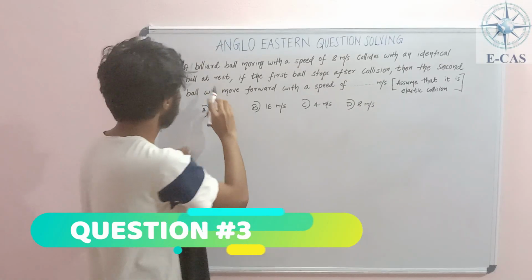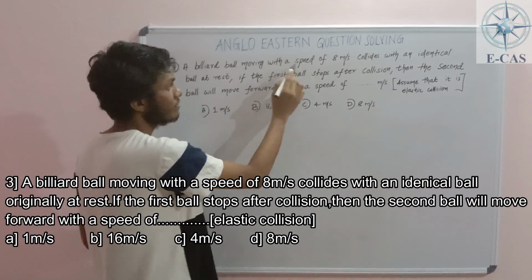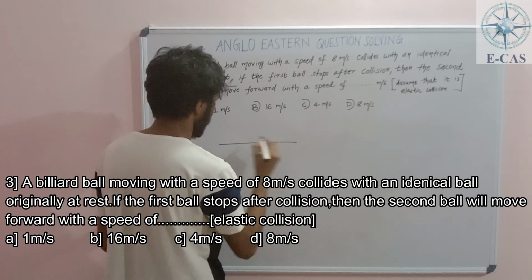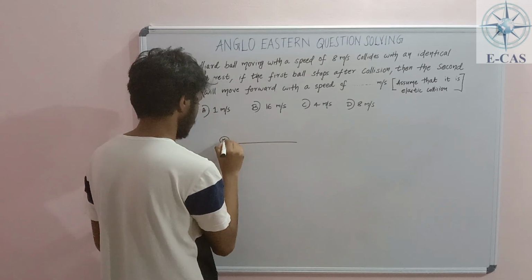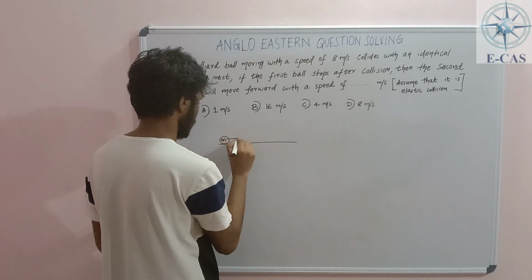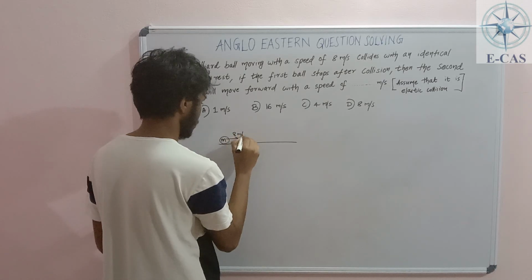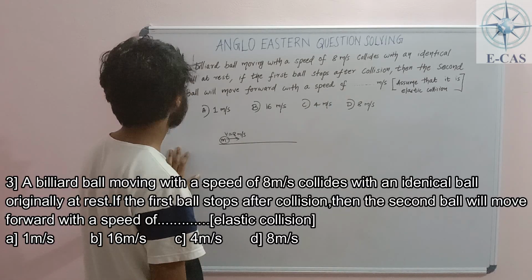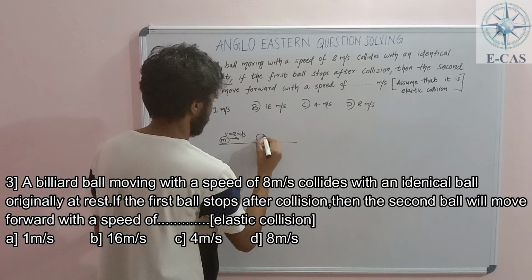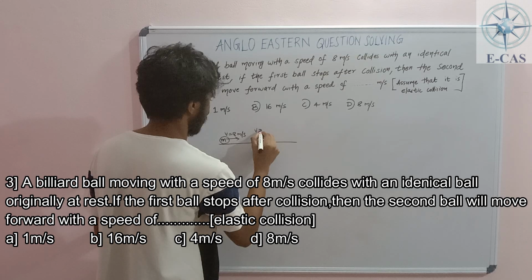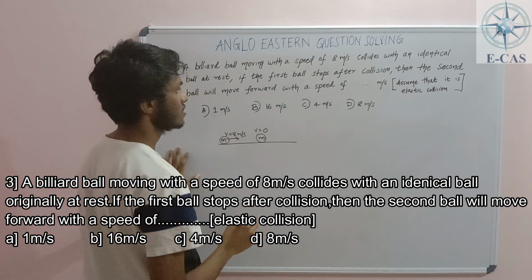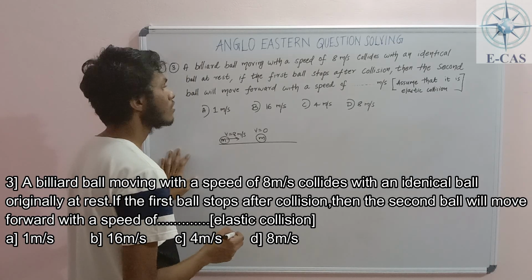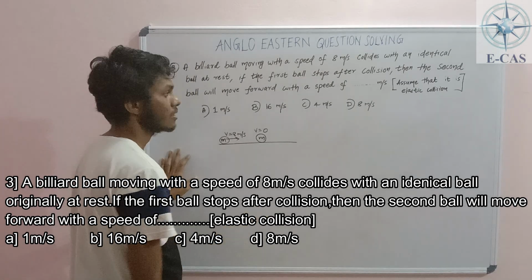Third question. A billiard ball moving with the speed of 80 meters per second collides with an identical ball at rest. If the first ball stops after collision, then the second ball will move forward with a speed of dash meter per second.